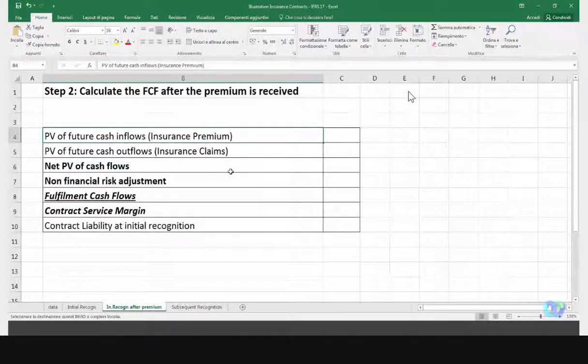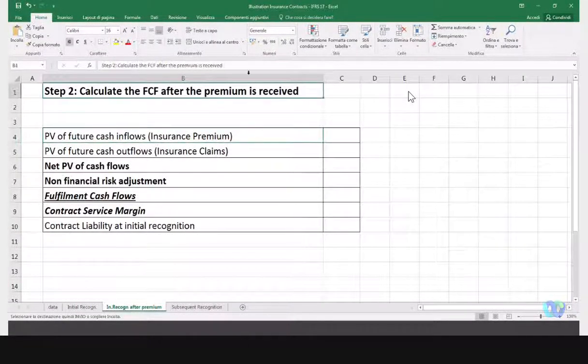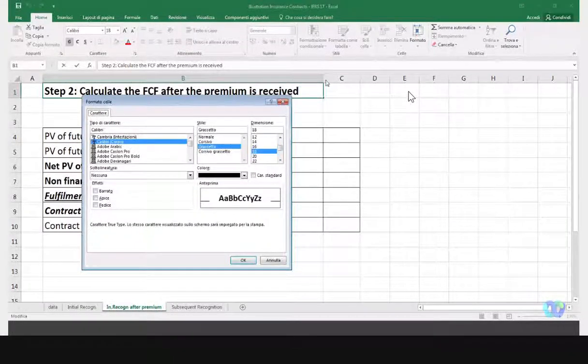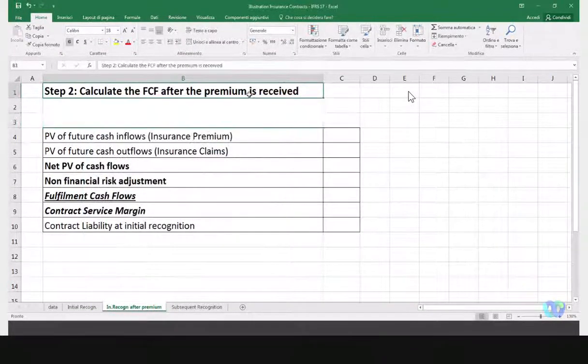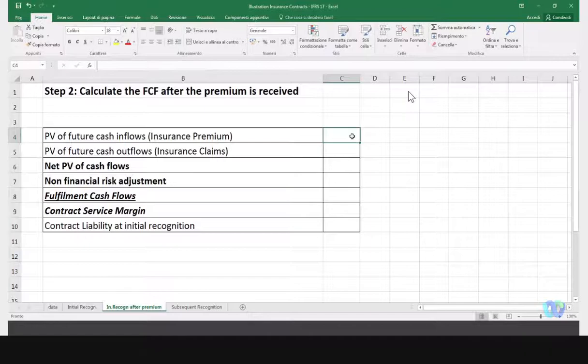The present value of future cash inflows. Again, the premium is received. This is the key word here. Okay. The premium is received. Now, what is the present value of future cash inflows in this moment? After I'm receiving the money, am I expecting any more money for the future?